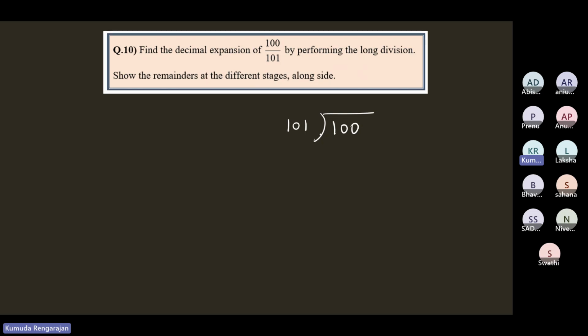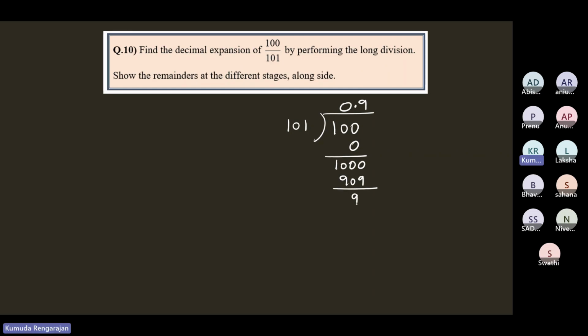Now let's start the division. 101 zeros are 0 because 101 into 1 is 101. Now 100 is a remainder. Keep a point and add a 0 because there's no digit. 9s are 909.